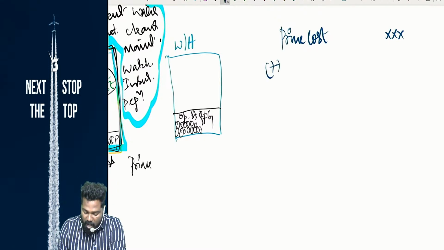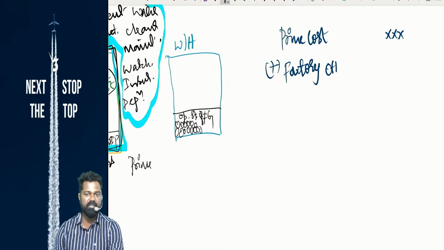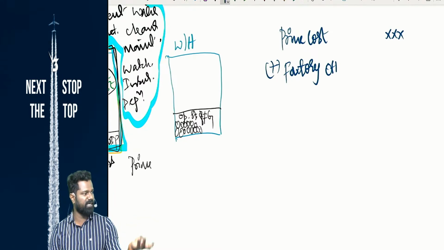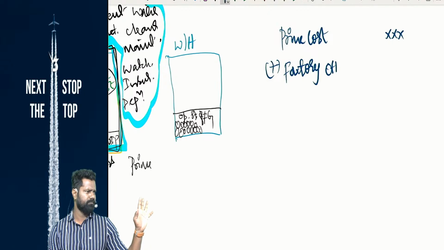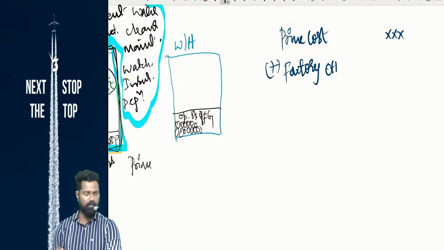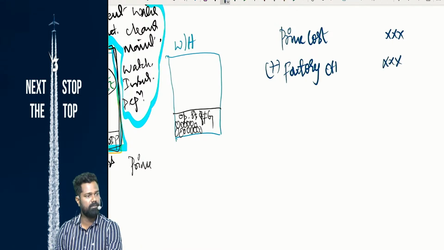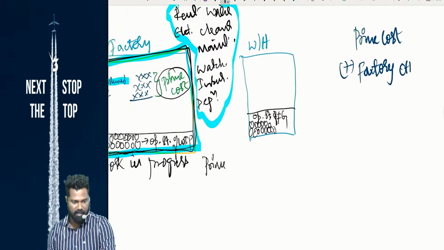What is to be added to prime cost? Factory overheads. Under factory overheads, what are the subheadings like insurance, rent, supervisor salary, maintenance? Everything will come under factory overheads. Clear?